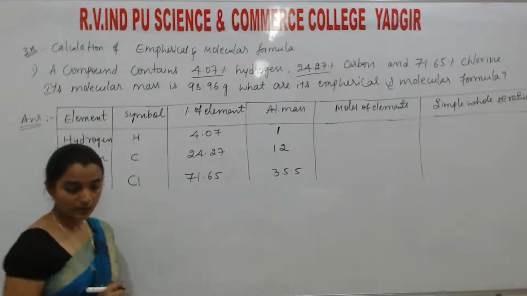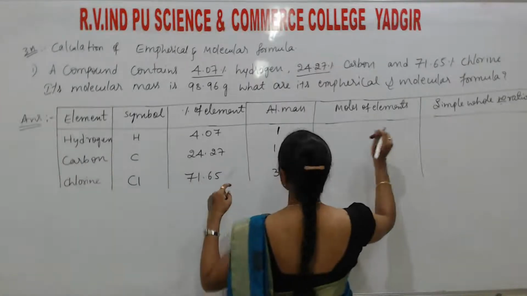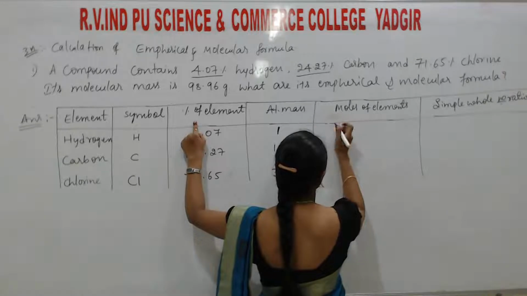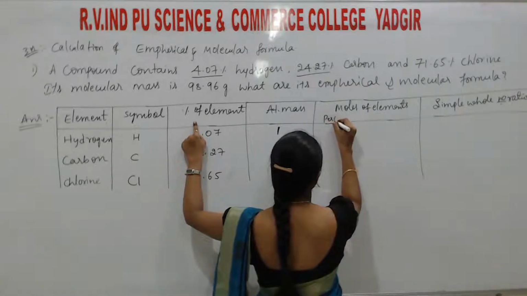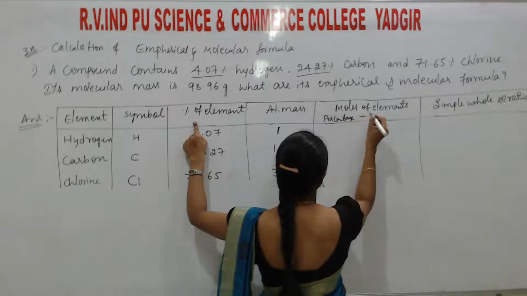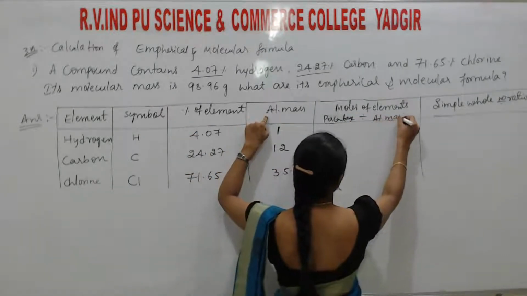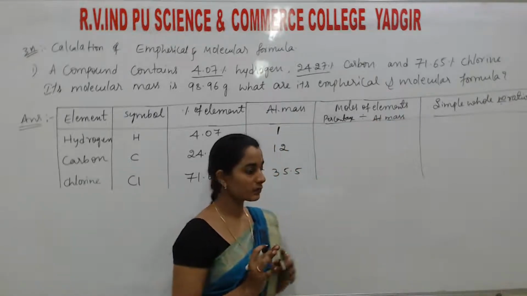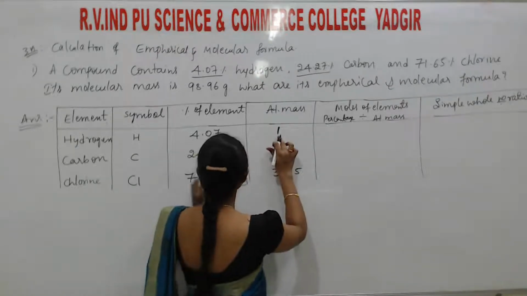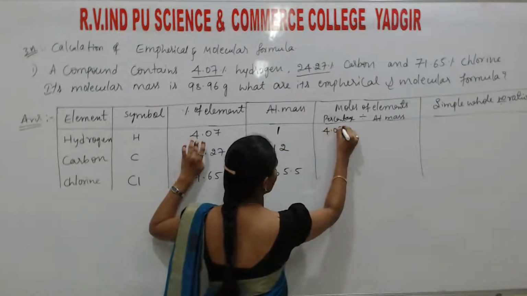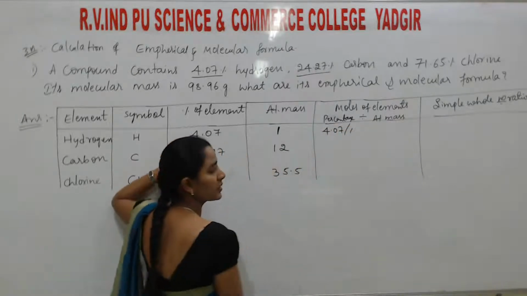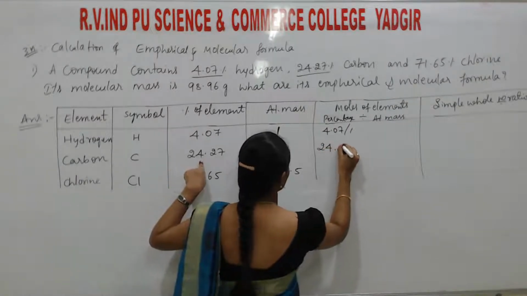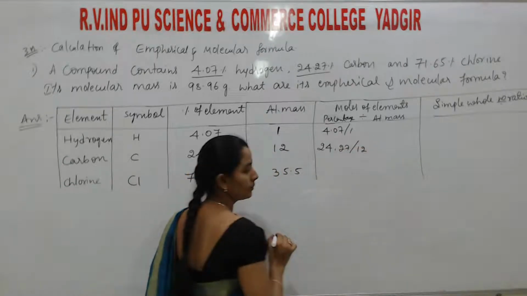Okay, next one is mole of the element. That means this percentage divided by atomic mass. This is the formula. Understood? So for hydrogen, 4.07 divided by atomic mass 1. Next, 24.27 divided by 12.